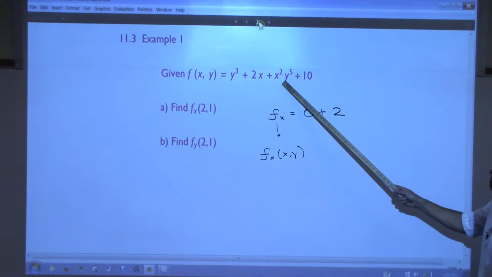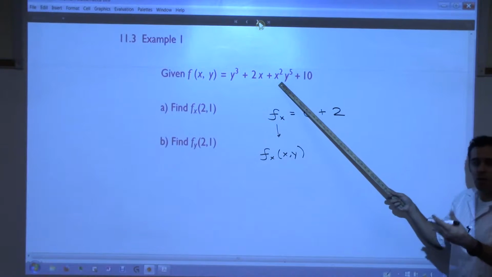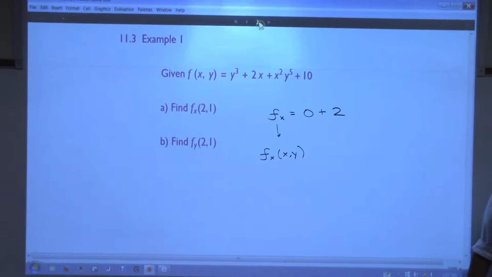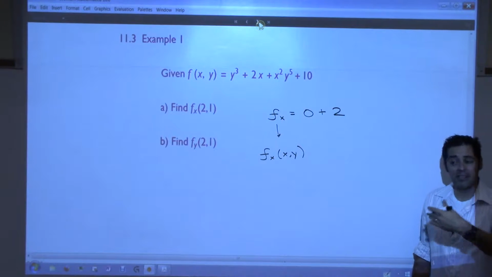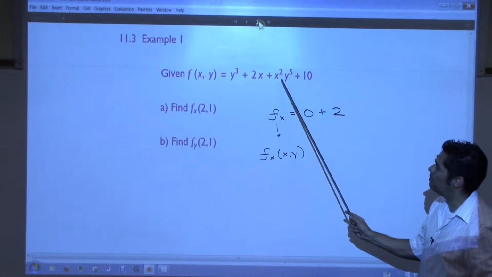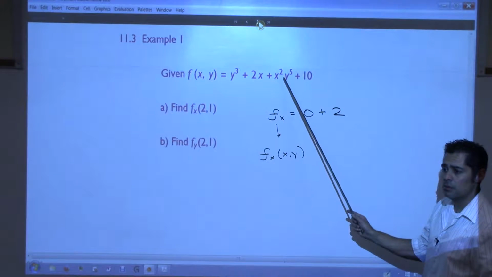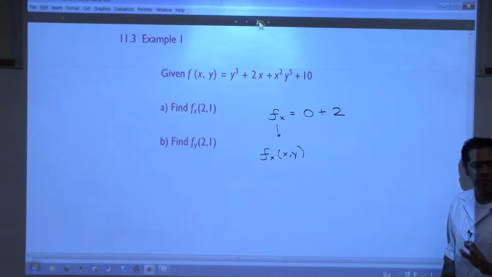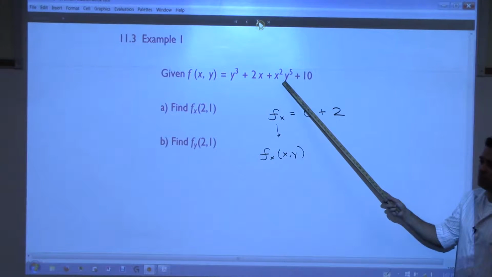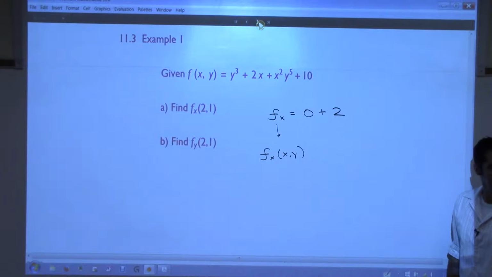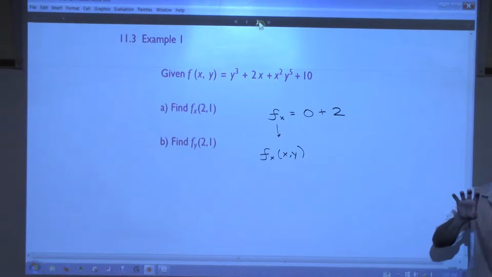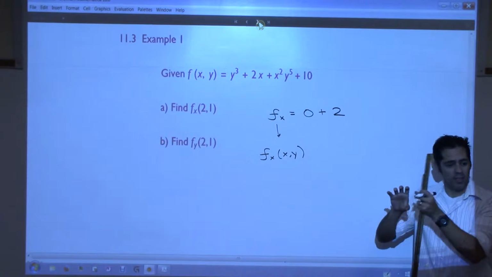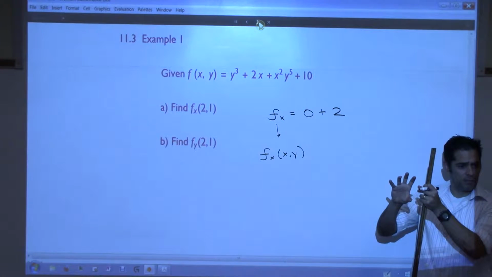And then we have this, x squared y to the 5th. Now back in a Cal 1 class, if you were doing the derivative here, you'd be doing implicit differentiation. You would actually have to apply the product rule here, wouldn't you? Yes? But here we don't. Because y is a constant, y to the 5th is a constant. And what do you do when you have a constant attached to a function and you take the derivative? What happens with that constant?